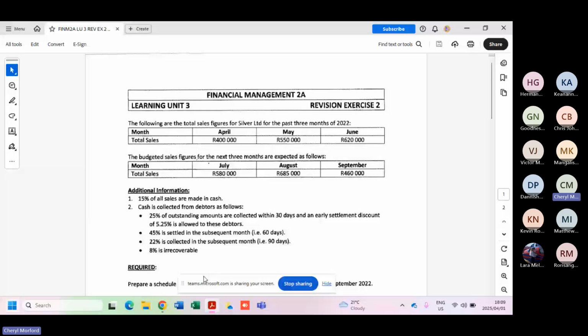So let's talk first of all about working capital. Working capital is another word for current assets. The typical current assets are things like inventory, the bank balance or cash, and debtors. What we're going to look at is a combination of a mini income statement and a shortened version of a bank statement.